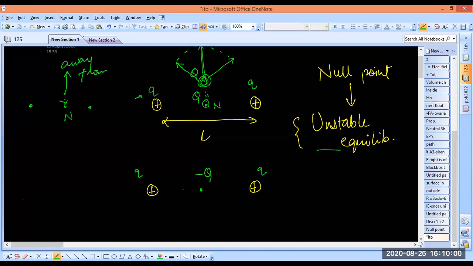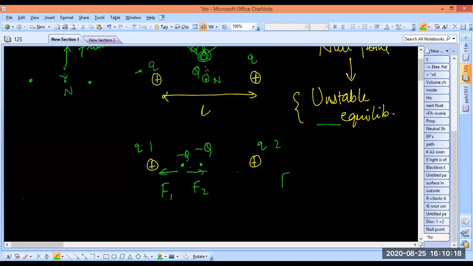Suppose you move this a little bit left side. Then the attractive force from this nearby charge will be more compared to the attractive force by this far away charge. If I call these F1 and F2, this is charge 1, charge 2, then obviously if you move this minus q charge towards left side, F1 will become greater than F2.